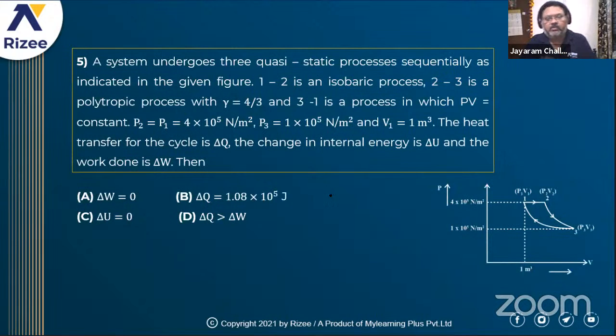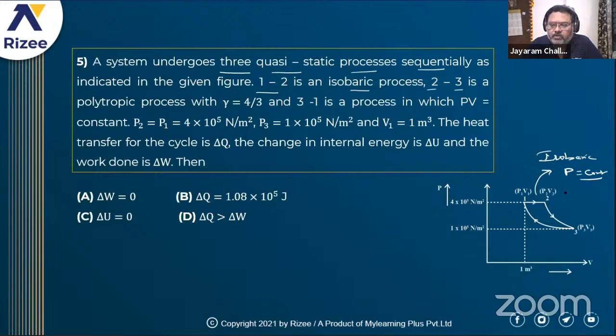In this case, it's a quasi-static process. The system undergoes three quasi-static processes sequentially, indicated in the figure. 1 to 2 is an isobaric process, in the sense pressure is constant here.